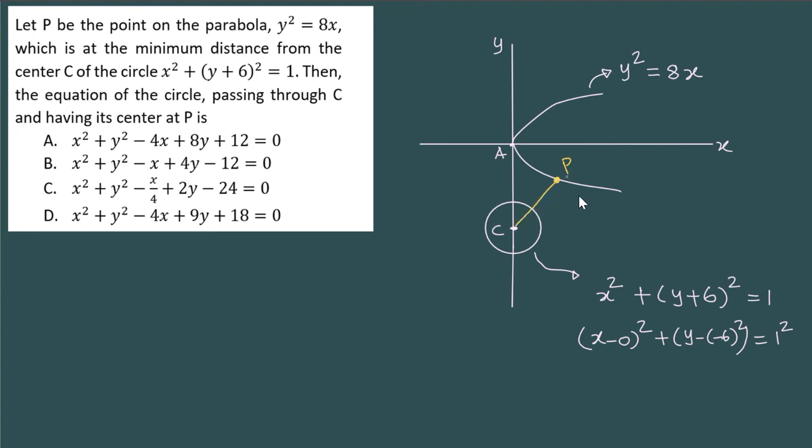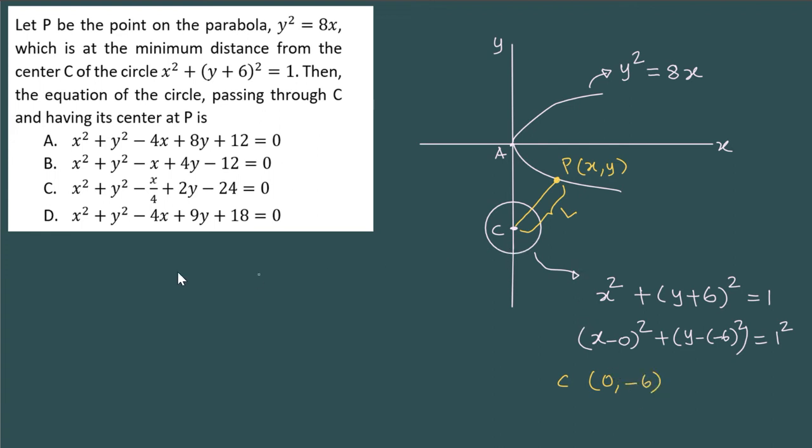If I take the coordinates of this point as x comma y, we need to find x and y in such a way that the distance CP is minimum. So let's take this distance as L. We know the coordinates of the center, 0 comma minus 6.